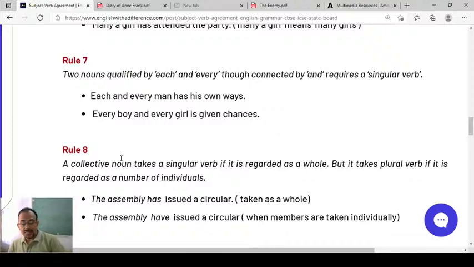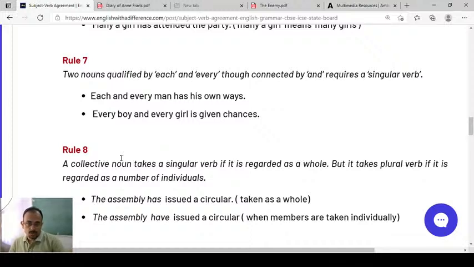In spite of the sentence having two different subjects, why do you think the verb is singular? First of all, you tell me, which are the two subjects that are spoken about in sentence 2? Can you tell me?